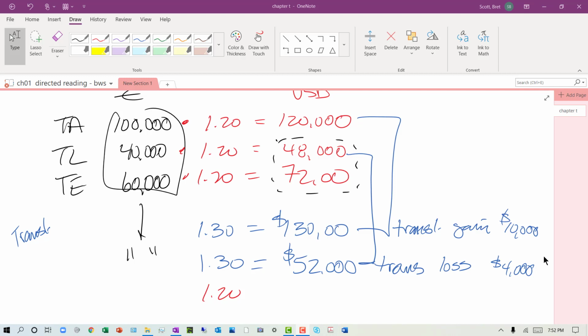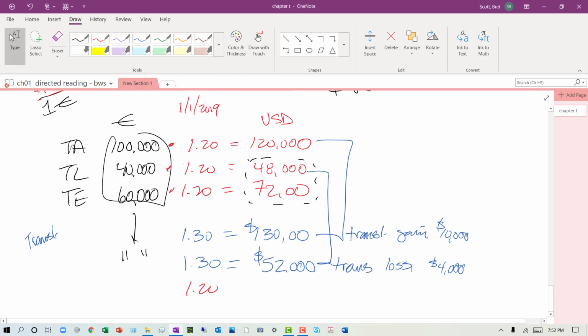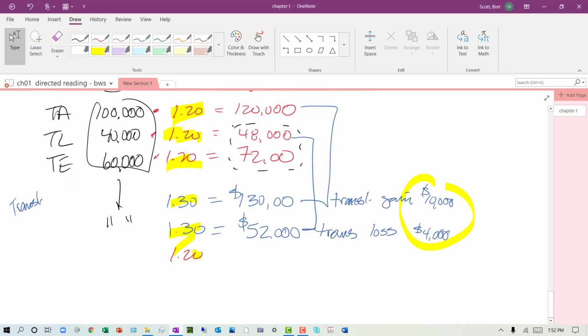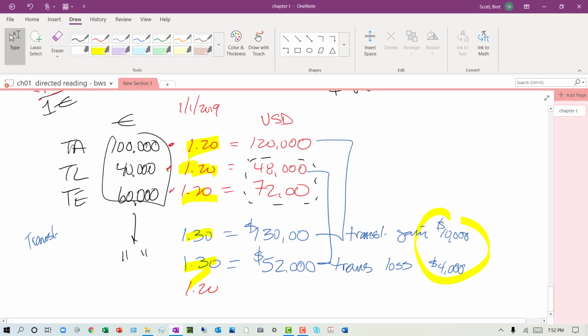So let's take a step back and look at this overall. What is really the culprit of these translation gains and losses? Well, we know mathematically it has something to do with the difference in the rates. But realize that not all the rates changed in this case. What did we really see that changed?